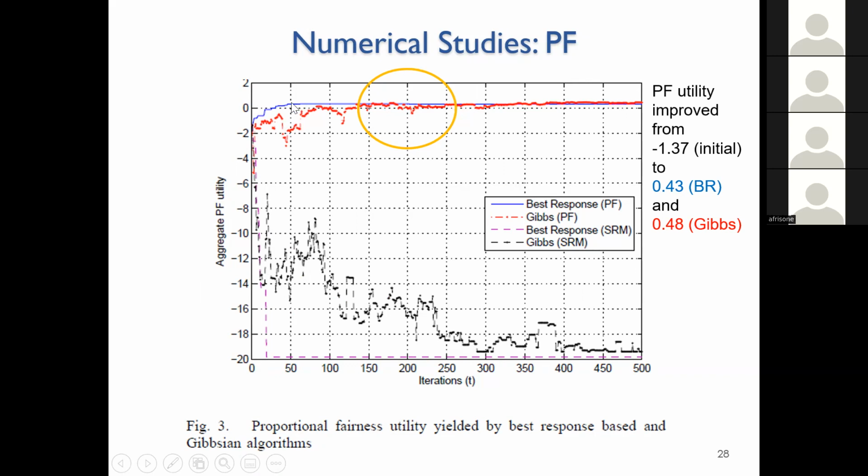The blue means the best response, as usual. The red means something you explore, getting better and better. Of course, don't be surprised these two are very close. There's a small minor difference. When we do proportional fairness, the gap sometimes is not very large, but they do have a small difference. As you can see, don't be surprised by this sum rate maximization result because it doesn't maximize the fairness.